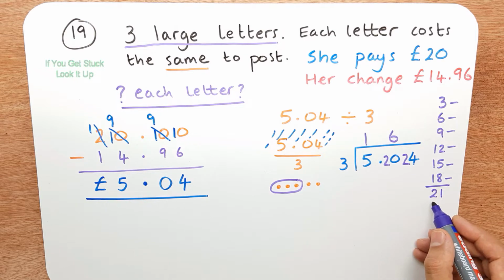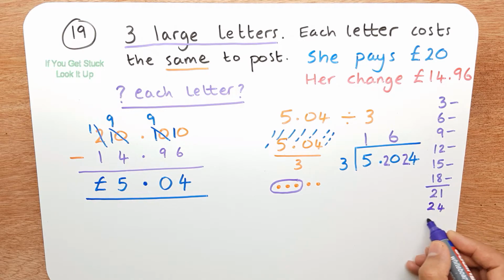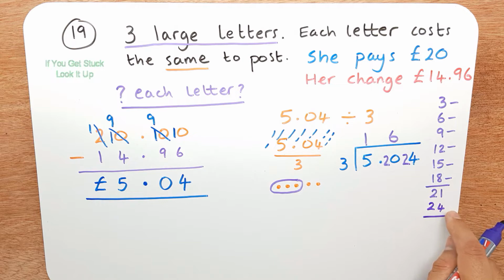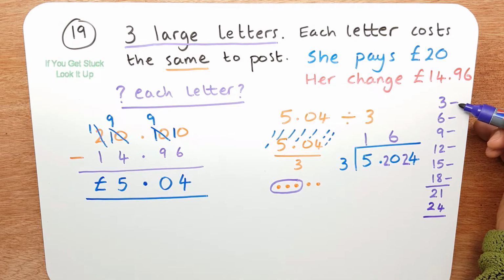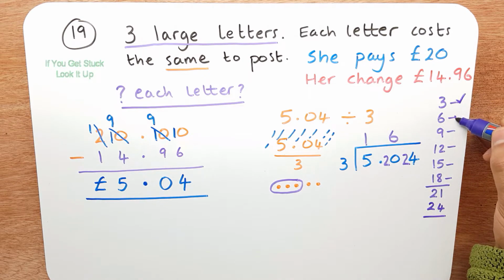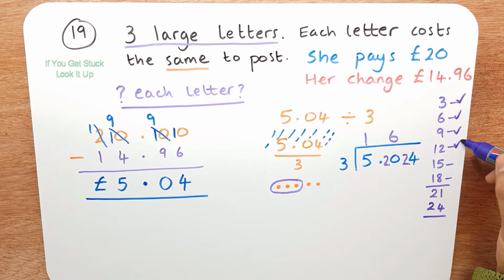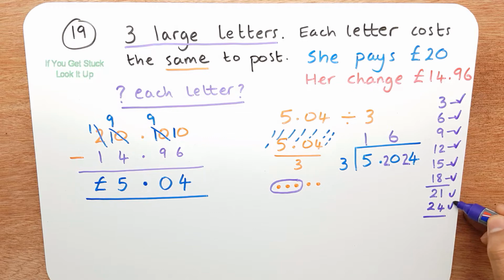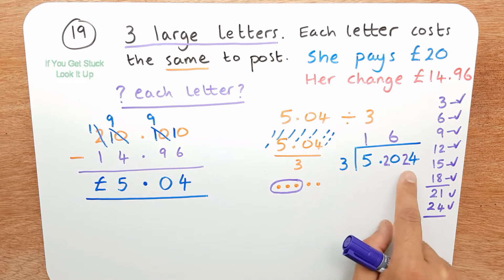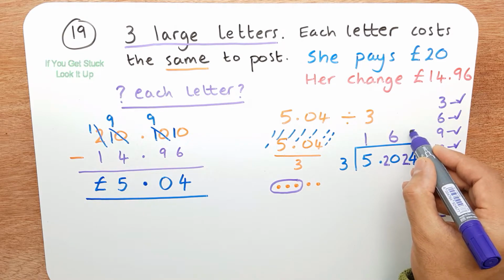So after 21, it's 24. So we can stop straight away there. So let's do that again. 1, 2, 3, 4, 5, 6, 7, 8. There's 8 lots of 3 in 24. So how many 3s in 24? 8.